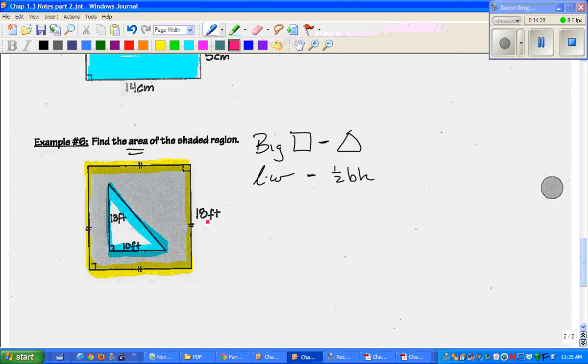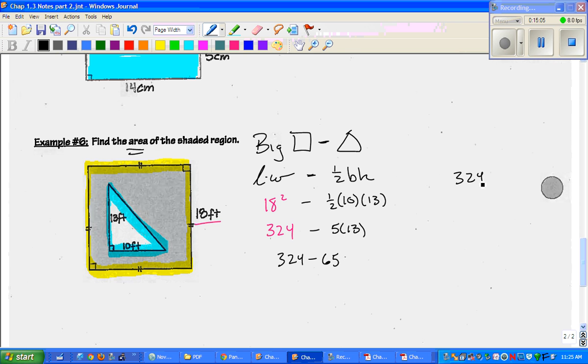So it's a square, so 18 squared, which you know, using your multiplication chart, is 324. And we're going to subtract from that the triangle, which is 1/2 base times the height. 1/2 of 10 is 5 times 13, and then we get 324 minus 65.